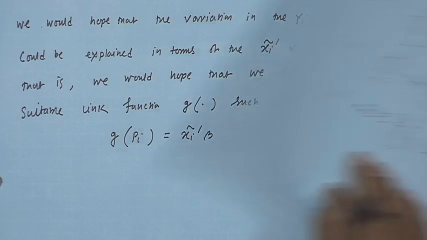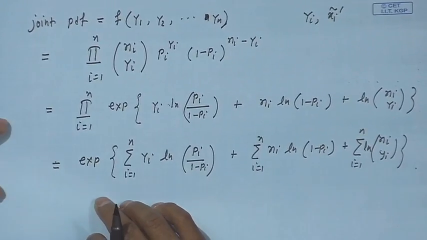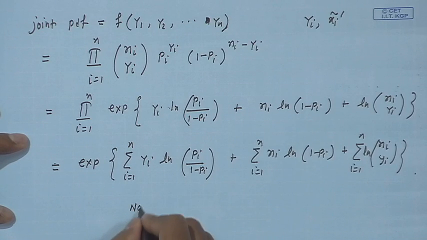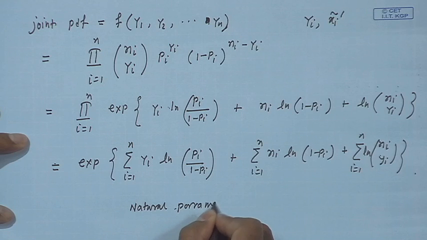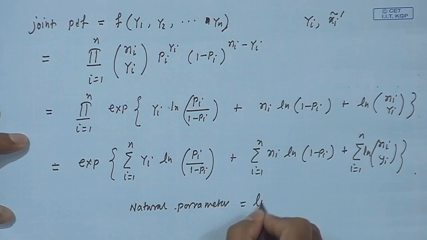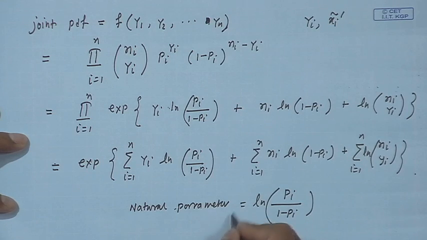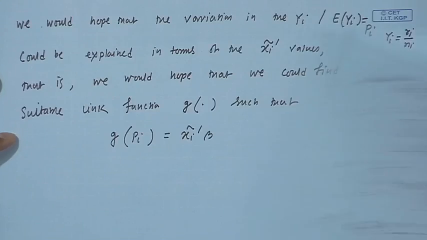For the binomial distribution, the natural parameter is ln p_i by 1 minus p_i. Okay. So, this is basically g of p_i.